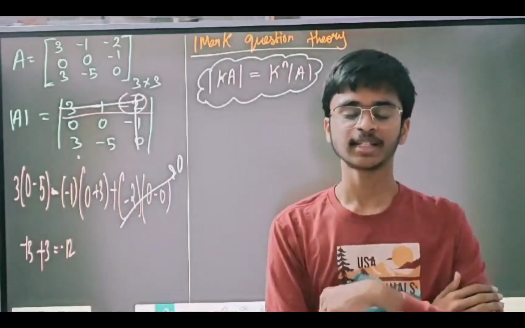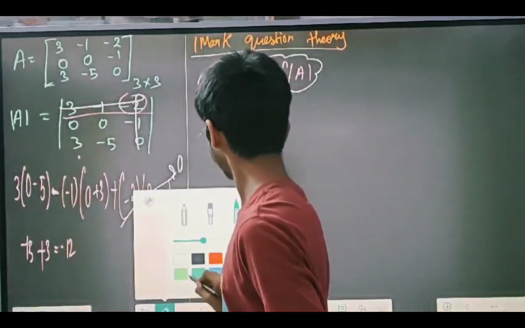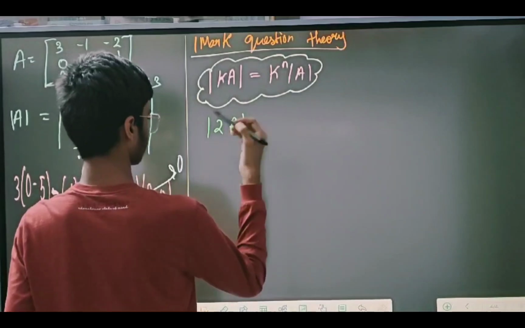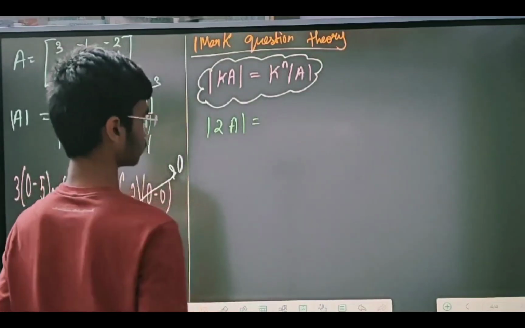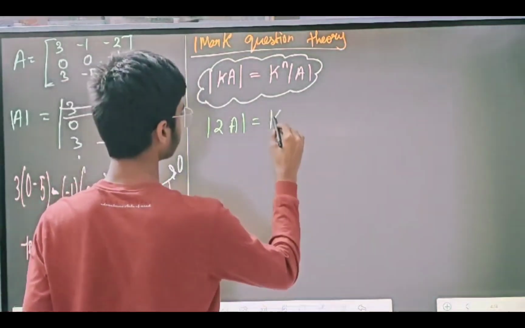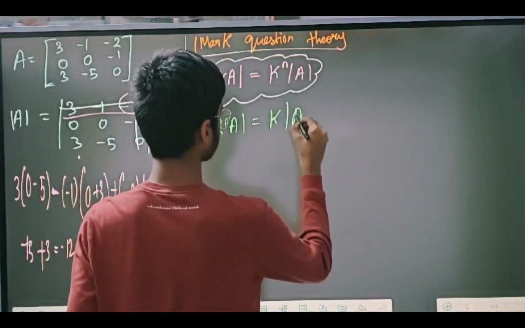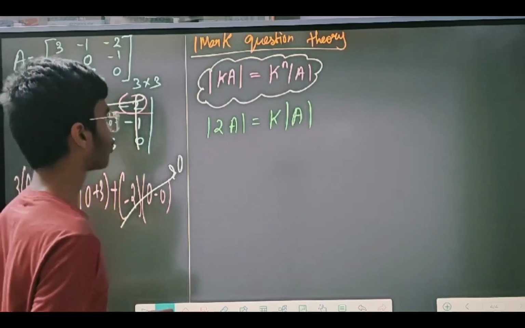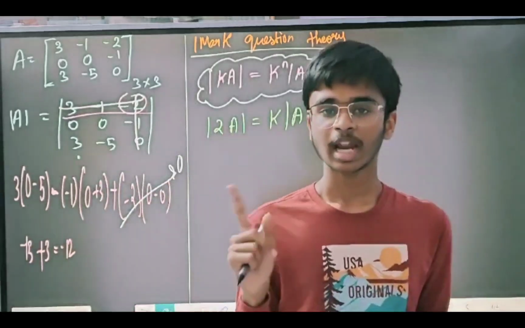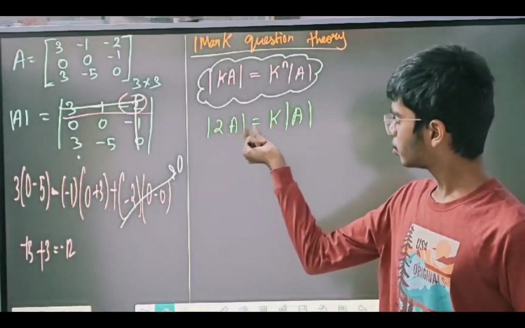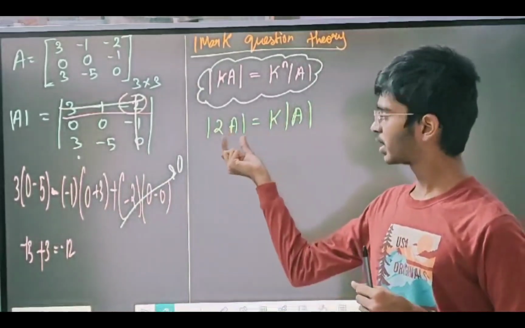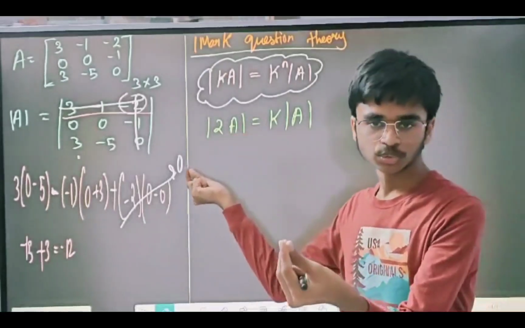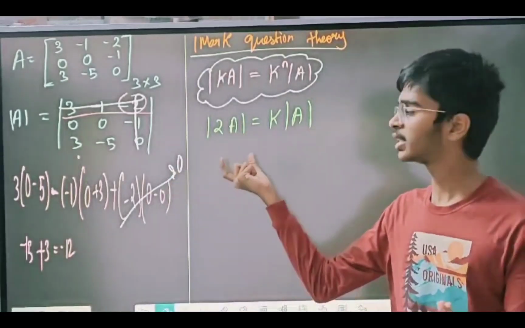They will be giving you in the question that determinant of 2A is equal to what value of k into determinant of A. That means they have given you this 2A. 2A is a matrix; A is a matrix, and with that they have multiplied 2. And now they have found the determinant.